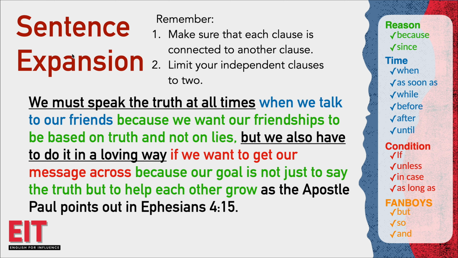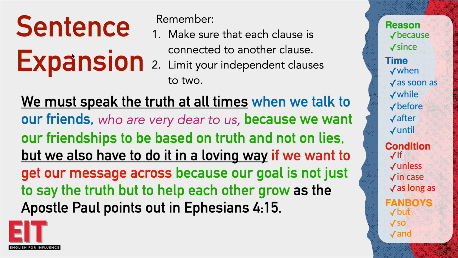We must speak the truth at all times when we talk to our friends who are very dear to us. There you go, we have just added a relative clause. And with some of your sentences, it's necessary and helpful to do something like that. But with this example, it's super unnecessary. We just did it for practice. Okay, I think that's it. We can stop right here.